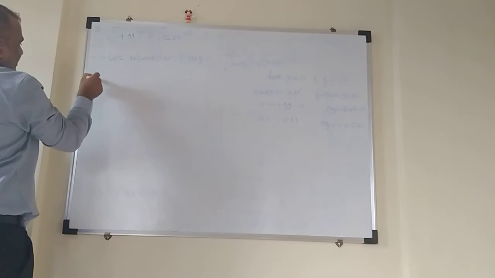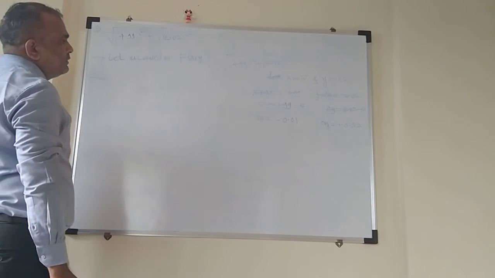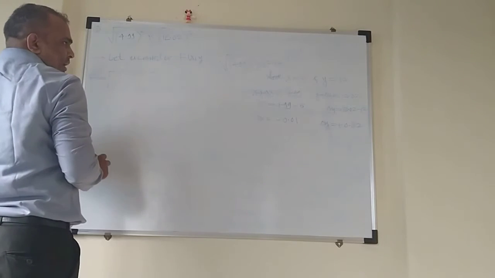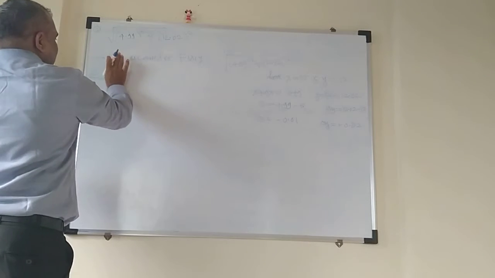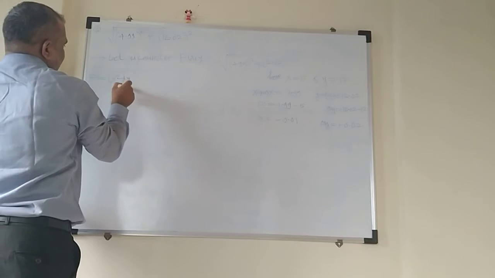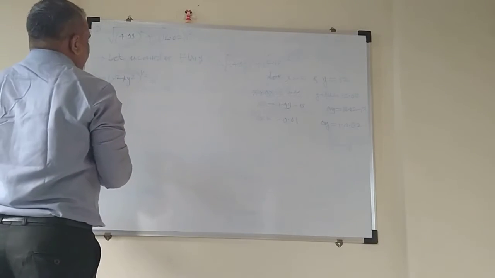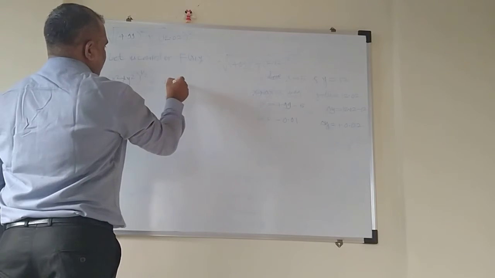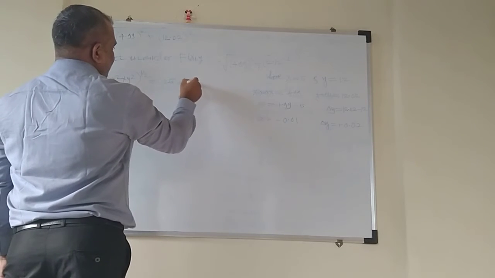So let's calculate the function value f first, and this is equal to the square root of x square plus y square, isn't it? So I can write it as x square plus y square raised to power half. x square is 5 square, which is 25, plus y square, 12 square is 144.